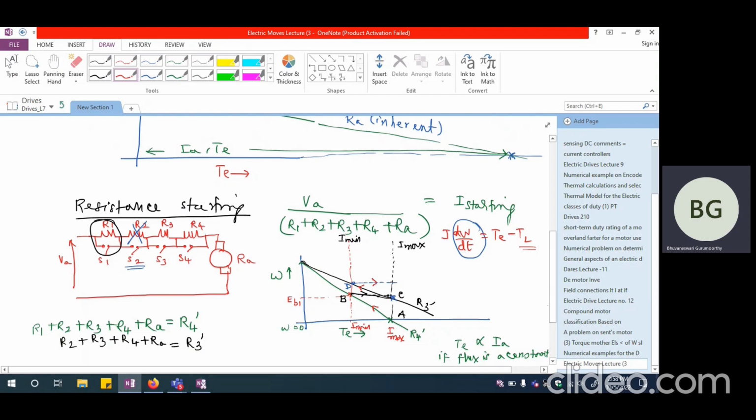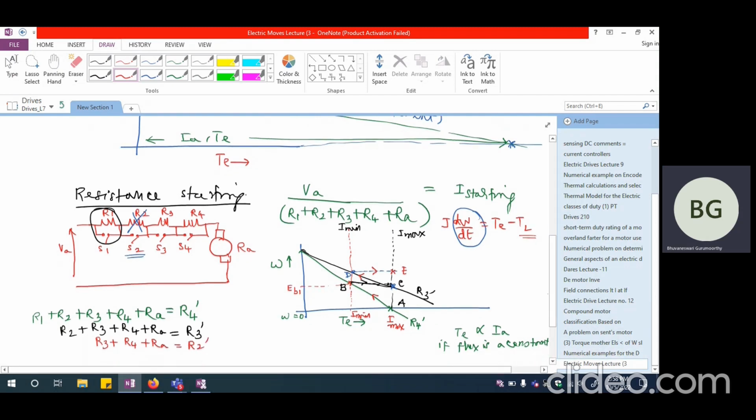So from D, it is going to travel towards E. Once it reaches E, it actually corresponds to the resistance which is only R3, R4, and RA. So I'm going to have R3 plus R4 plus RA, that is going to be equal to R2 dash. So this is R2 dash.